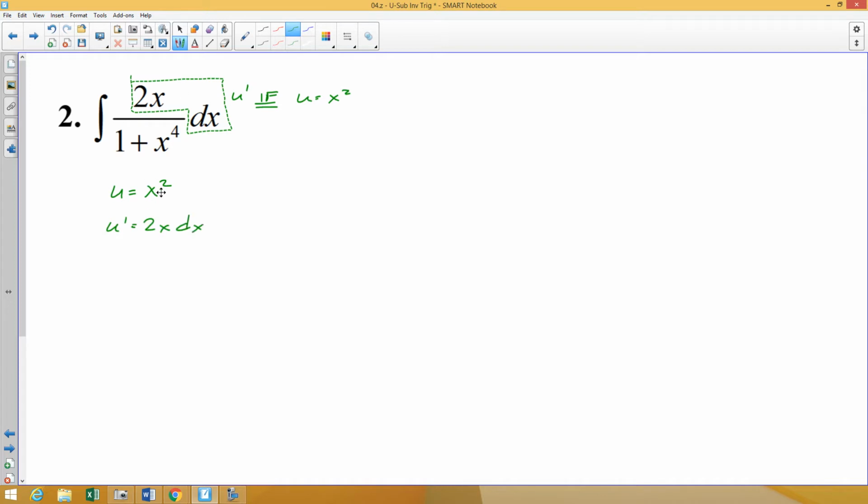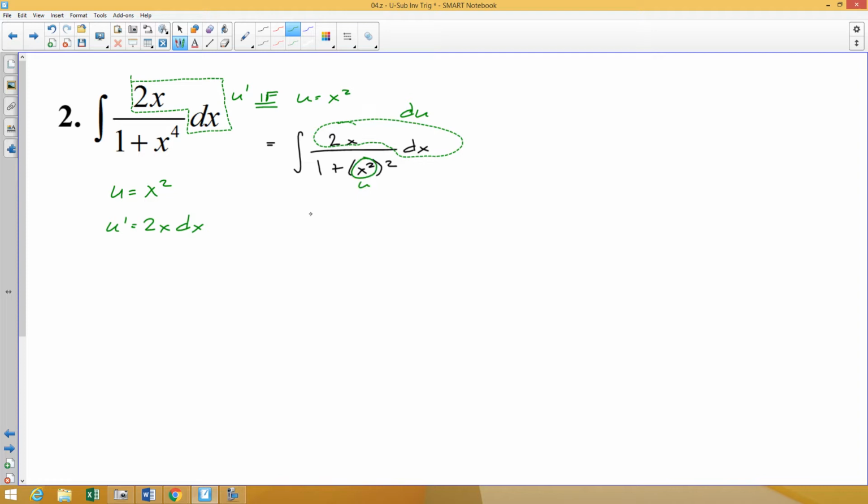As far as identifying the x squared and taking care of the denominator, if you wanted, you could rewrite this problem as 2x over 1 plus, and x to the fourth is x squared squared. And if we do that, now we have our u prime right there. So there's a du, and then my u is right here.